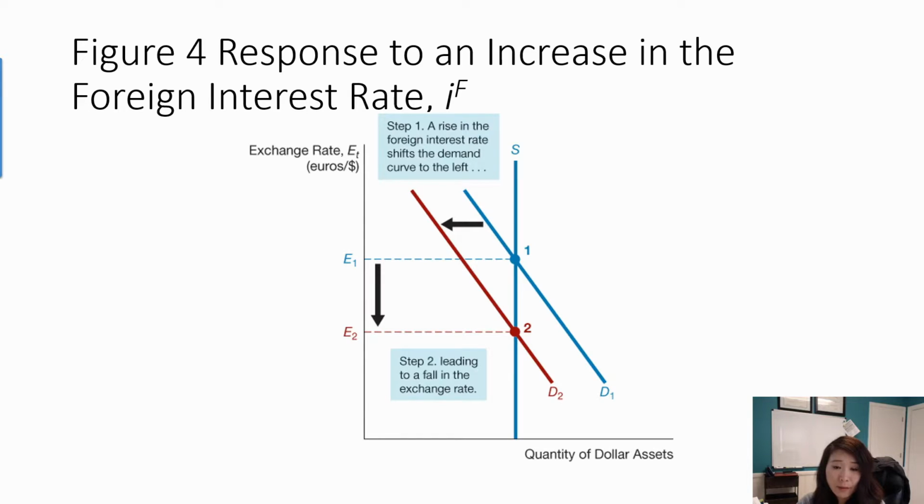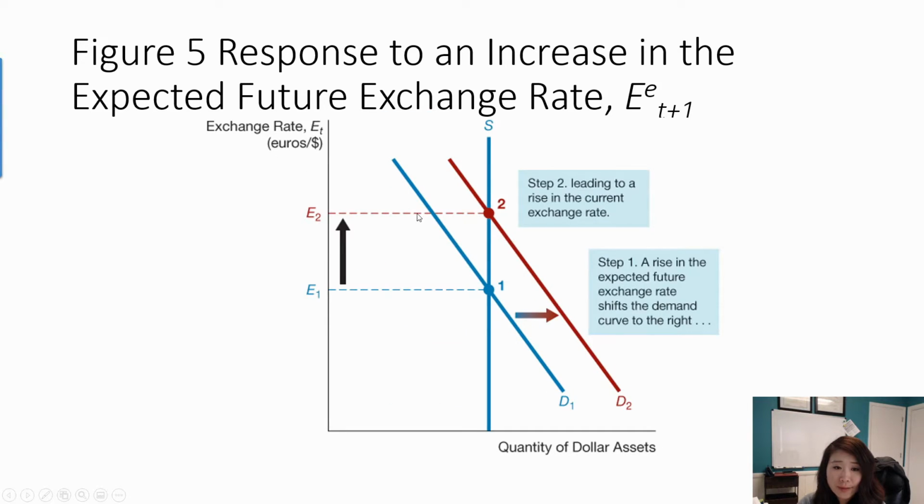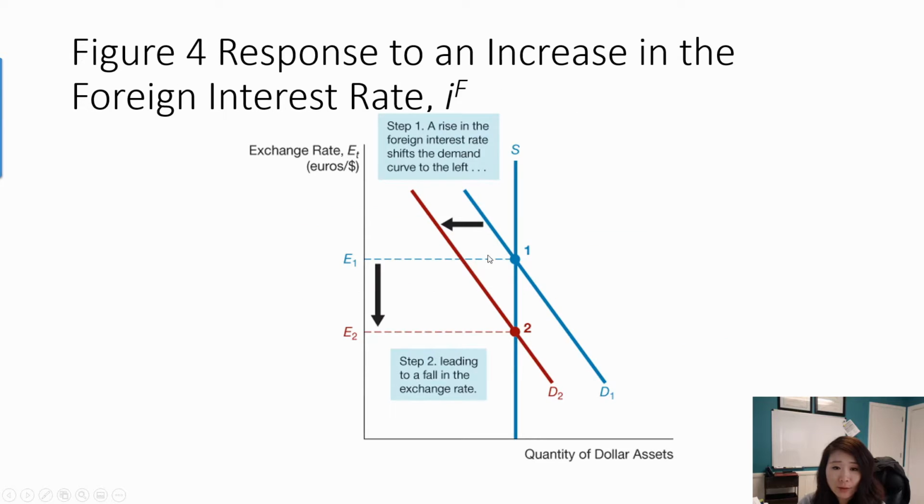If you think about what recently happened with the Federal Reserve, they lowered the interest rate to help overcome the COVID-19 disaster, so they lowered the interest rate in the United States. What does that mean? That means the demand for the U.S. dollar asset will decrease. Actually, we should see the exchange rate of the U.S. dollar decrease.